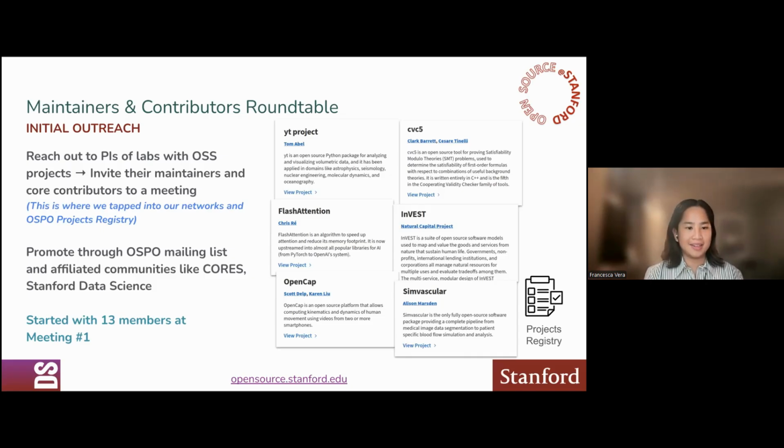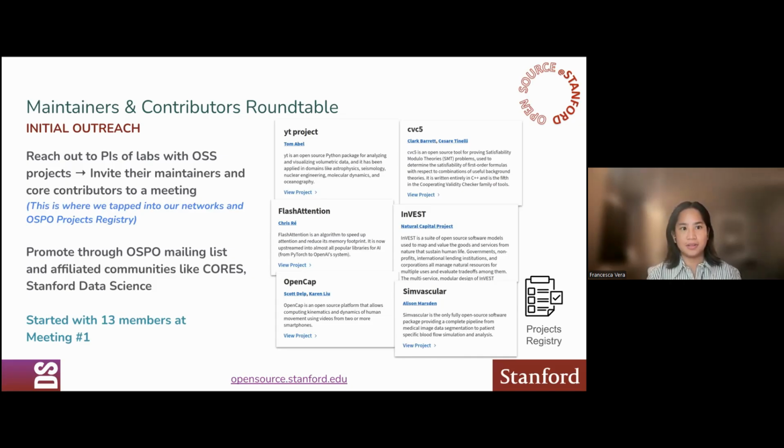And at the very beginning, meeting number one, almost 2 years ago now, we started with 13 members. Our projects registry, as I mentioned, has 100 plus entries now, and at the very beginning had maybe slightly less than 50, and we only started with 13 members at meeting number one.